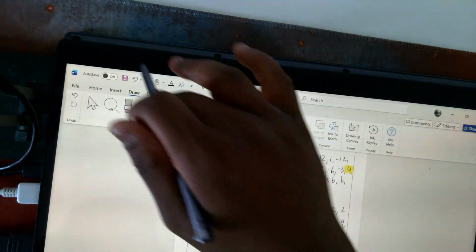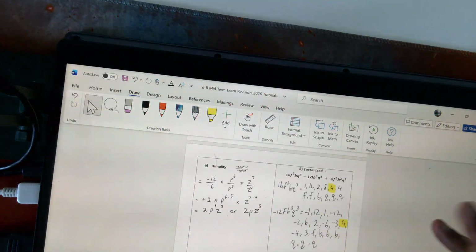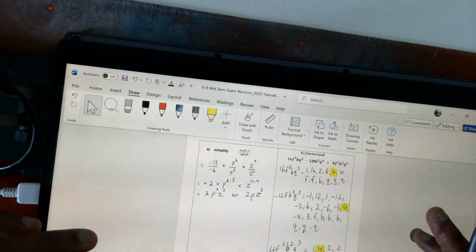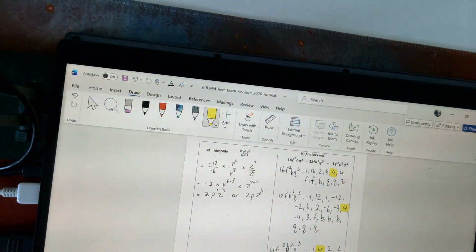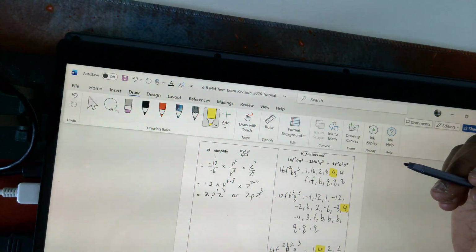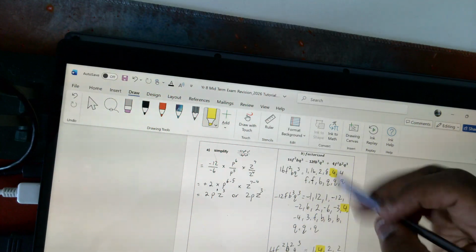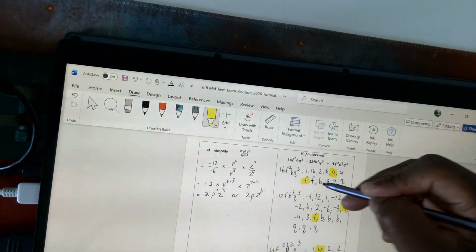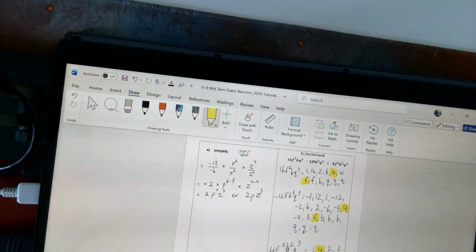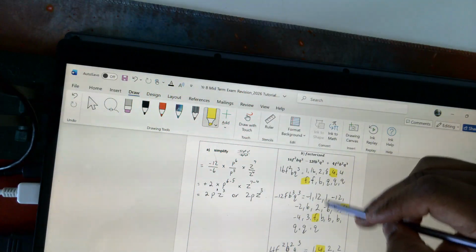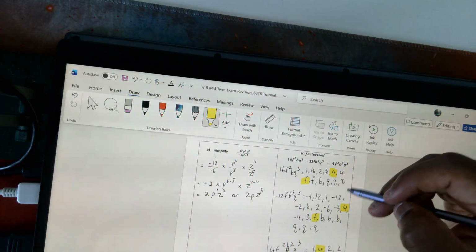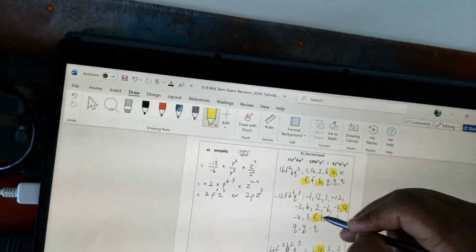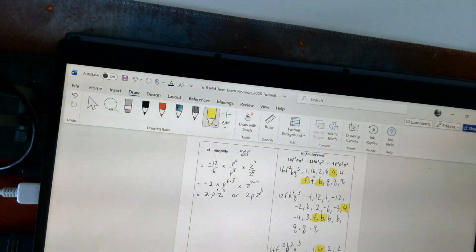But now I've got to look at the variables. At least one f must be common because there's only one f here, so I can only take one f. I've got a b here, 3 b's there, and 2 b's here, so at least one b must be common.